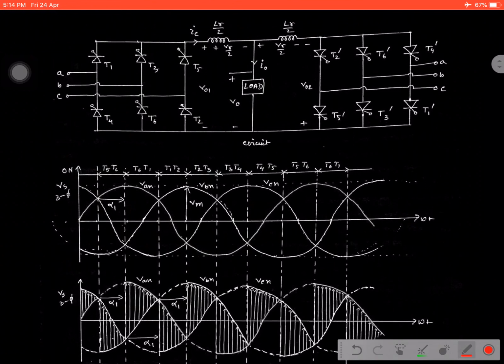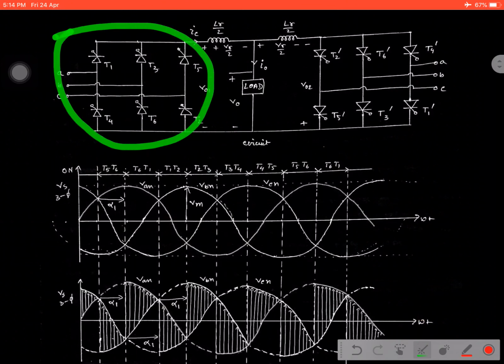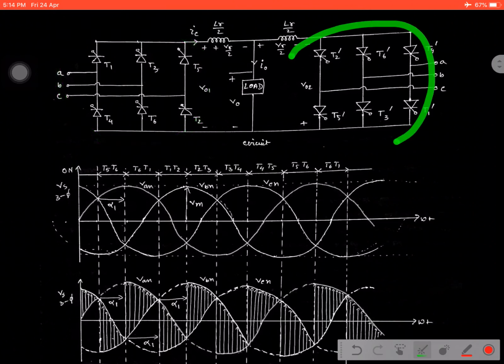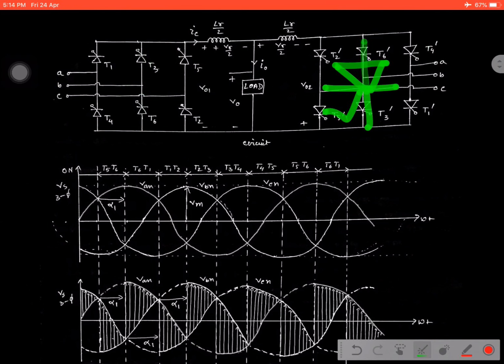See, here we are using two converters, as the name dual converter stands for. This is converter 1 and this is converter 2. The switches involved in converter 1 are in one particular direction, while the switches involved in converter 2 are in the reverse direction.